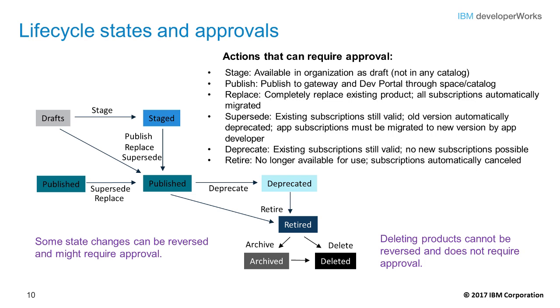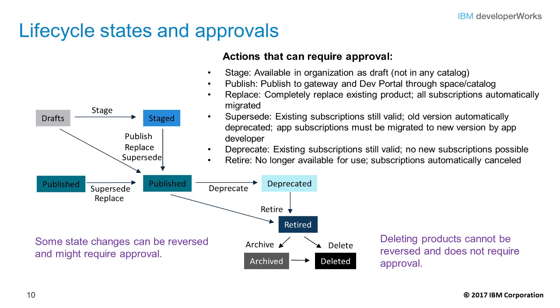At that point, it is published to a particular catalog, at which point it becomes visible on the developer portal and the gateway. From the published state, it is possible to then deprecate the product, in which case no further subscriptions are possible, but existing subscriptions still work.